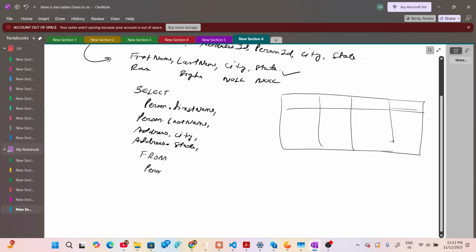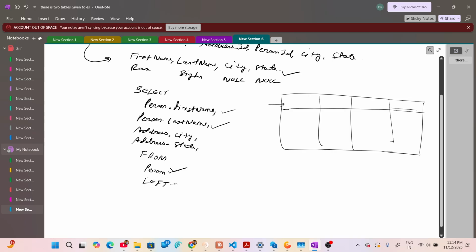So we are selecting all from Person. We consider the Person table as a priority. Why did we select it as a priority? Because we want all the values of the columns first name and last name in the Person table, and we directly insert them. We apply a left join because we consider Person as the priority.